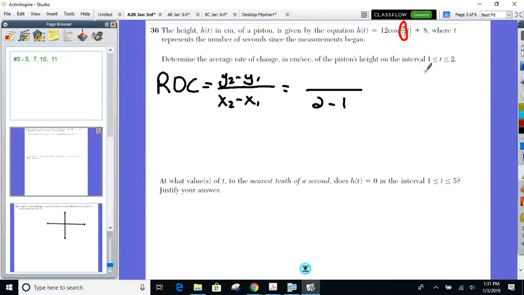Everyone get cranking. When you plug in 2, what is your y value that comes out? It should be a whole number, by the way. Store 2 in for x, and then do 12 cosine pi over 3 x, close it, plus 8.